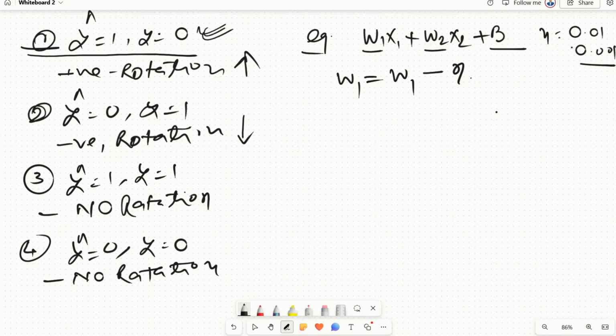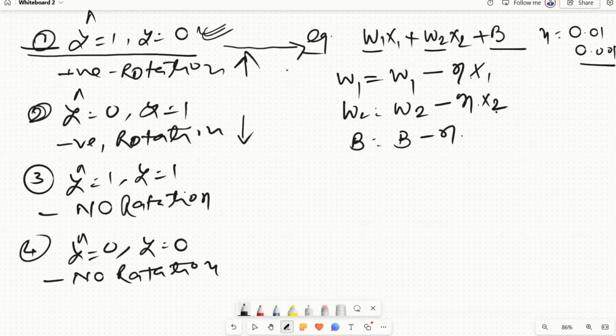I have already discussed all this. So w1 minus eta into x1, and w2 will be w2 minus eta x2, and b will be b minus eta into 1. I have already covered this in my previous video. So this is for case number 1, if the rotation is happening in the upward direction.